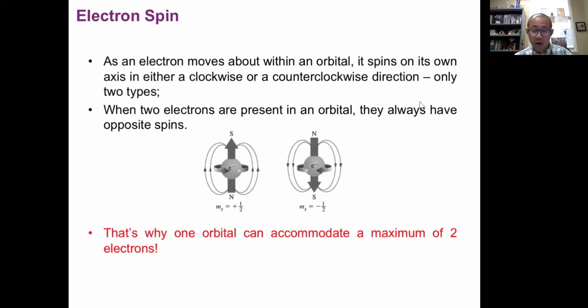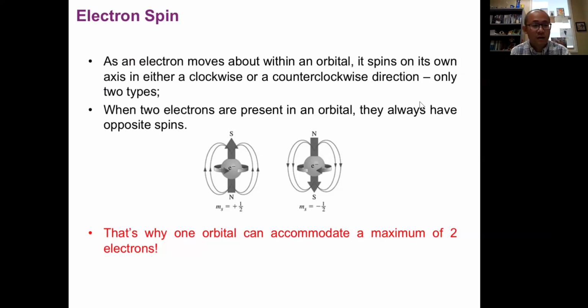Next, I want to briefly talk about a concept we talked about earlier: 1 orbital can only accommodate what? 2 electrons, right? No matter what orbital, 1s, 2p, 3d, each orbital can only accommodate 2 electrons. Why is that?